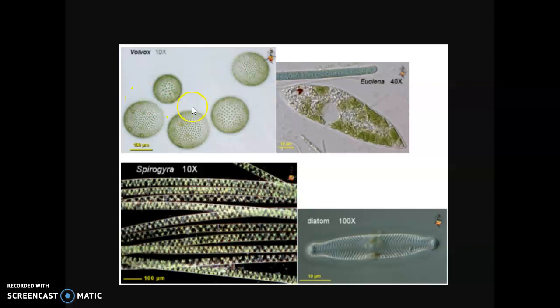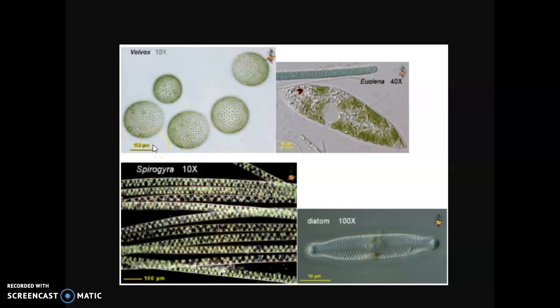Now, when we look at Volvox, we'll see something a little bit different. With Volvox, you kind of see these larger circular structures with all these little smaller structures in them. Volvox, also an algae, you can see that it's green, also has chlorophyll, is photosynthetic, but Volvox algae can live communally to where these kind of look like one organism with multiple different cells, but really this is a community of algae that live together.